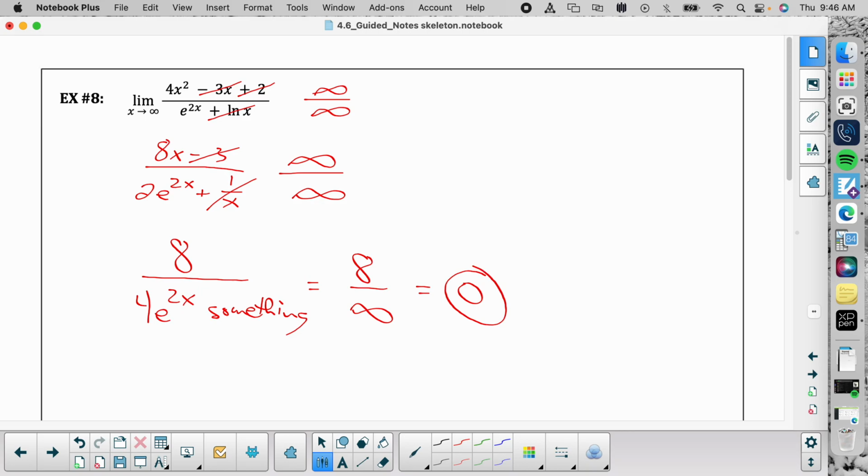So up top, I'm trying to think of the best way to phrase this. Up top, it wouldn't have necessarily been clear that x squared is a bigger degree than e to the 2x.